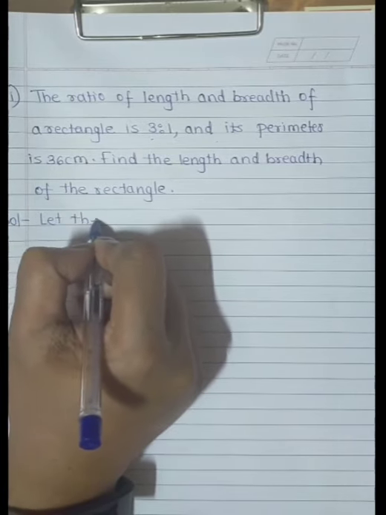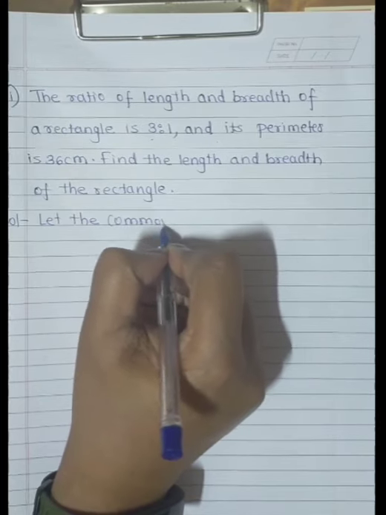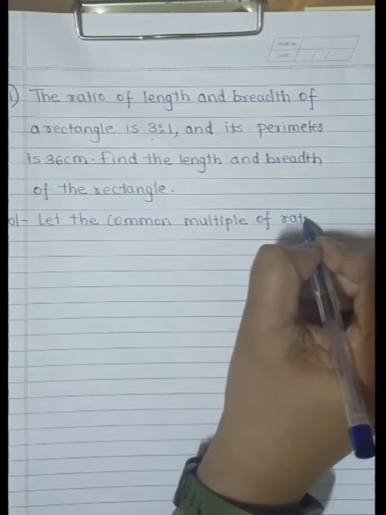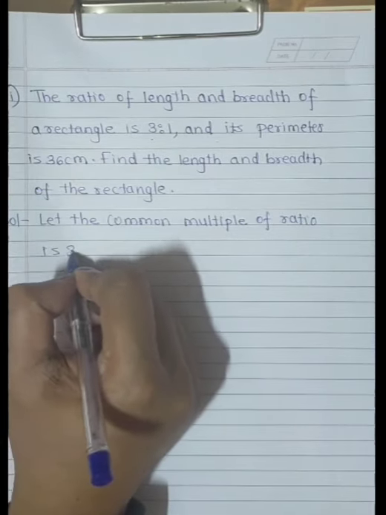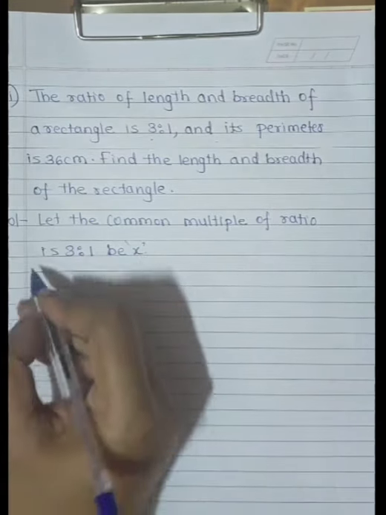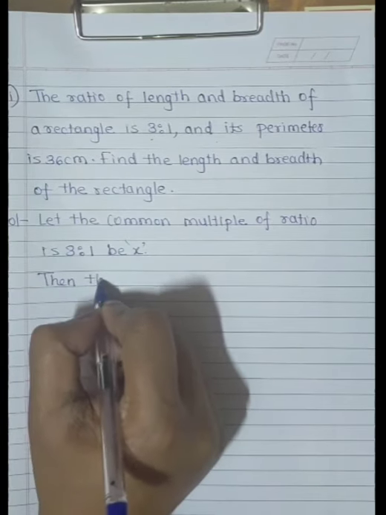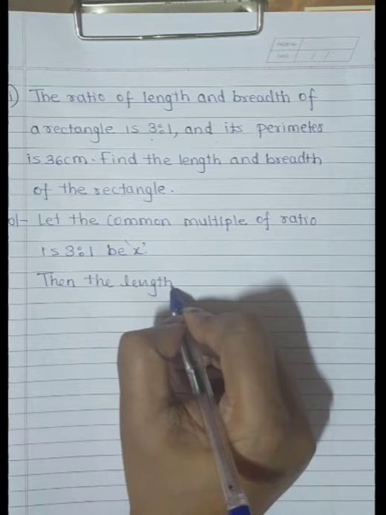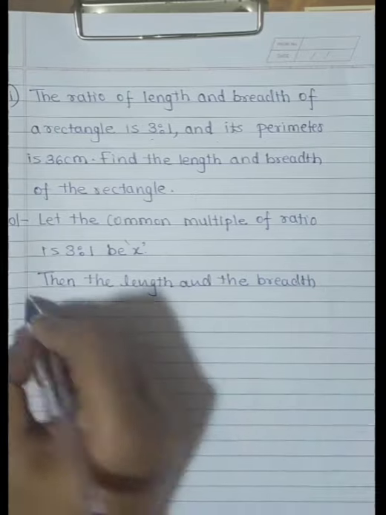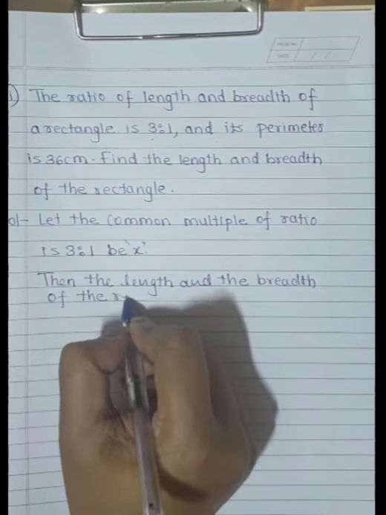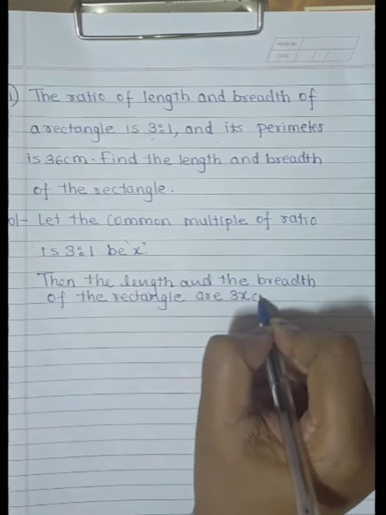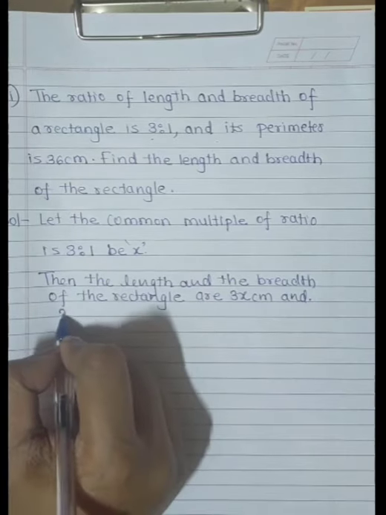Let the common multiple of the ratio 3:1 be x. Okay, then the length and the breadth of the rectangle are 3x centimeter and x centimeter.